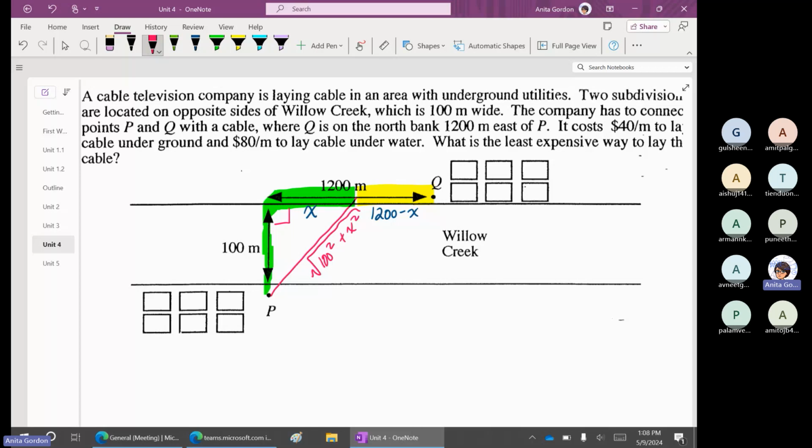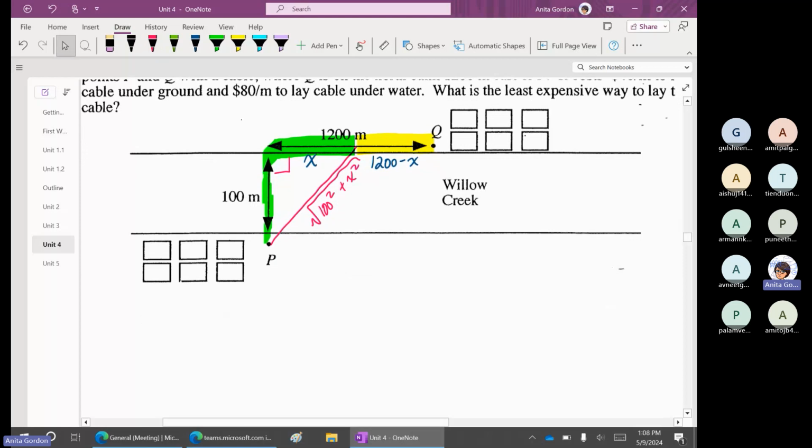Okay, so here are the parts. Now, if I am looking at how much this is going to cost me, C of x, how would I write this? It's $40 on land and $80 in the water.